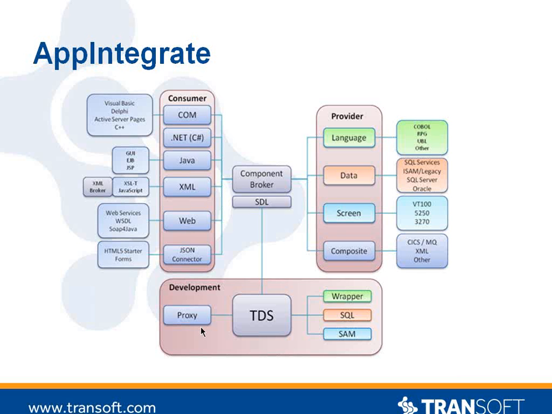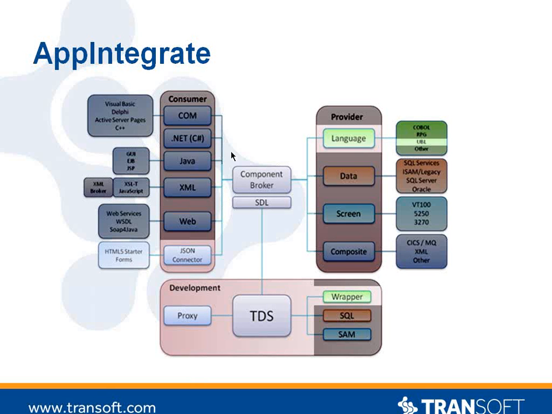And to create the service description language in the first place, we use the Transoft development suite to create the wrappers. The bits we're interested in today is the component broker, the SDL, and, as I said earlier, the JSON connector and the HTML5 starter forms that TDS creates for us, and of course our UBL language.